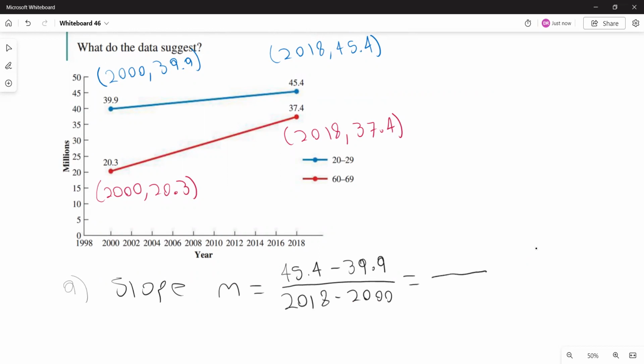So this is 5.5 over 18, which is approximately 0.31.